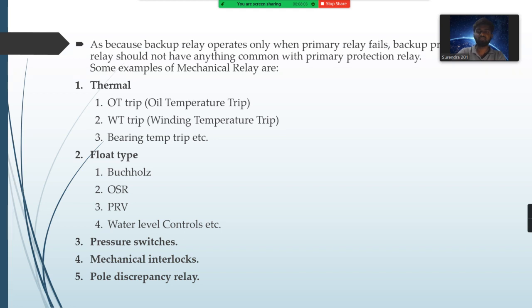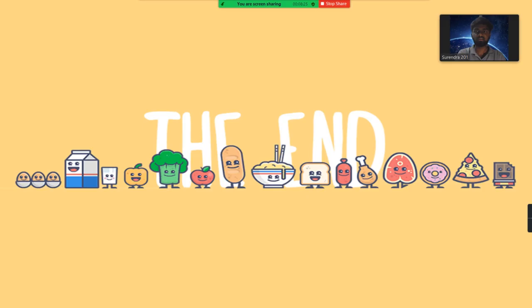In float type, we have four types: Buchholz, OSR, PRV, water level controls, etc. The third one is pressure switches, mechanical interlocks, and whole dispensary relay. These are the five types of mechanical relays in the protection relays.